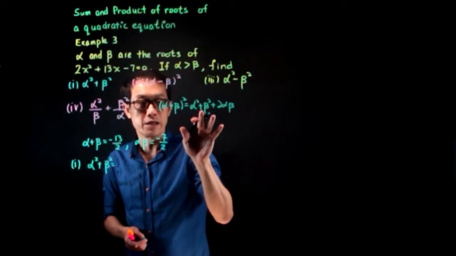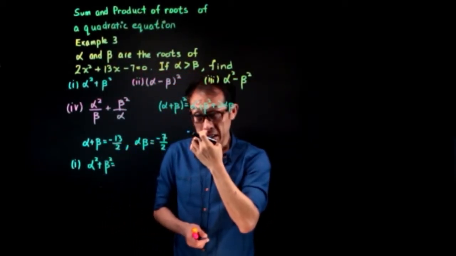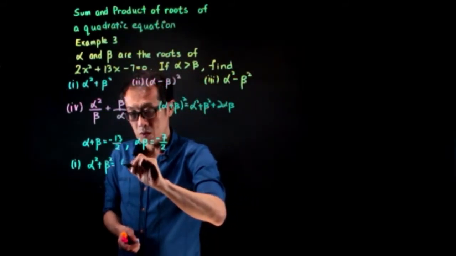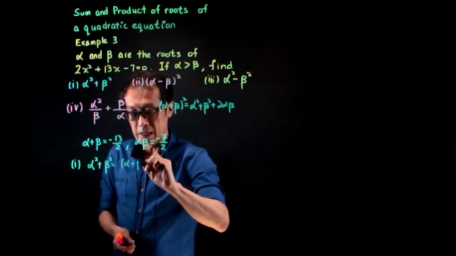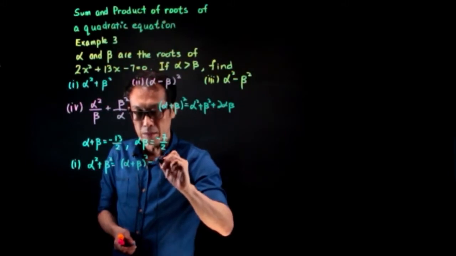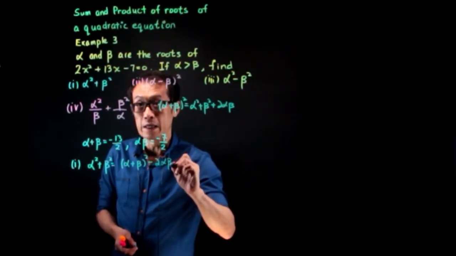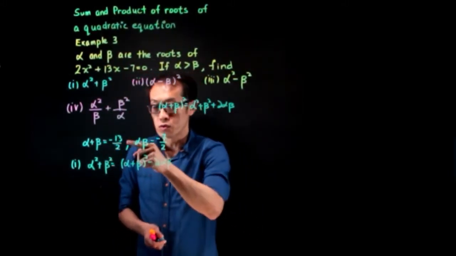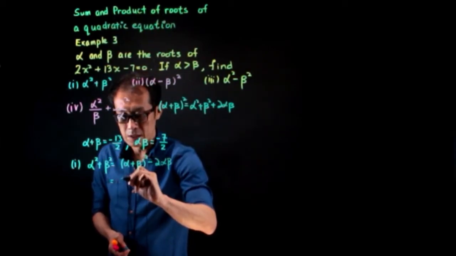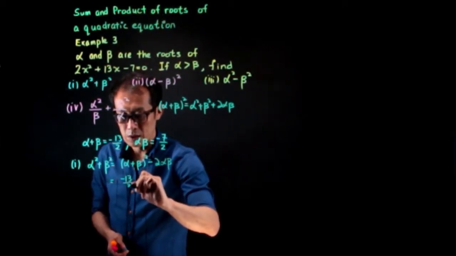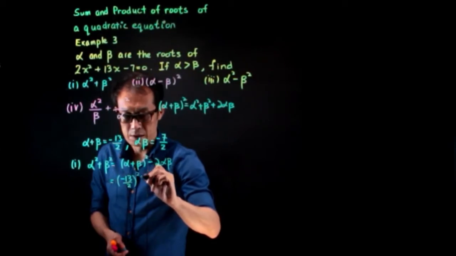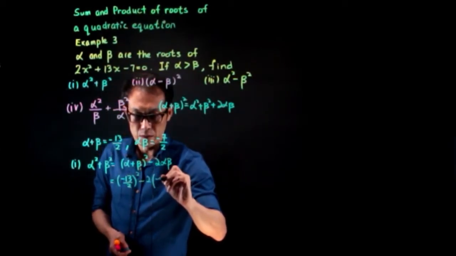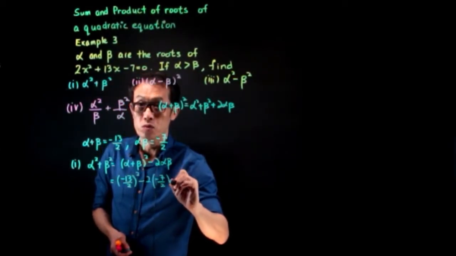You can just bring this over to the other side. So this will be equal to alpha plus beta whole thing squared minus 2 alpha beta. So you substitute this into the expression, minus 2 times minus 7 over 2.